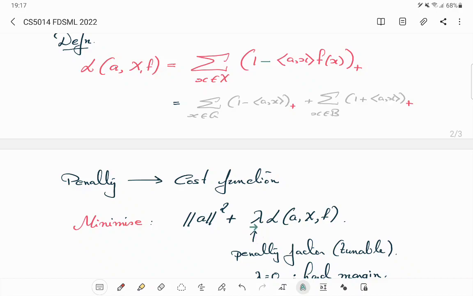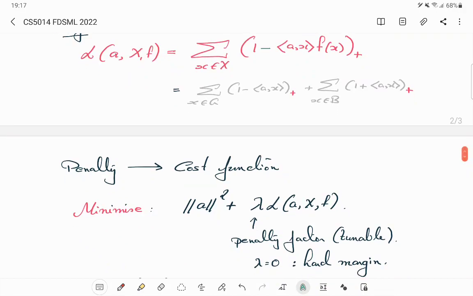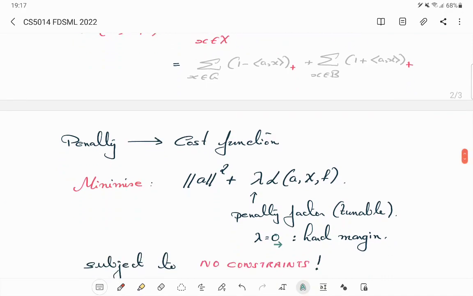Smaller values of lambda mean your penalty for this loss is very low. Actually, I think this is wrong. Lambda equal to 0 will not imply a hard margin. What will imply a hard margin is lambda much larger. Maybe it will be clear two lines down the line. But again, remember that this lambda is a penalty factor.